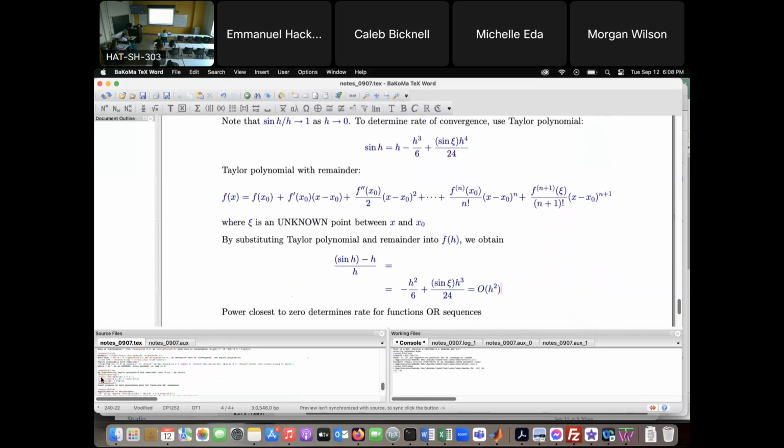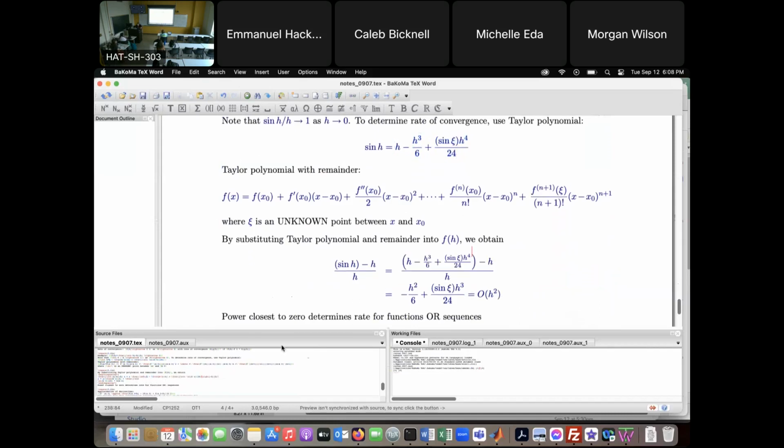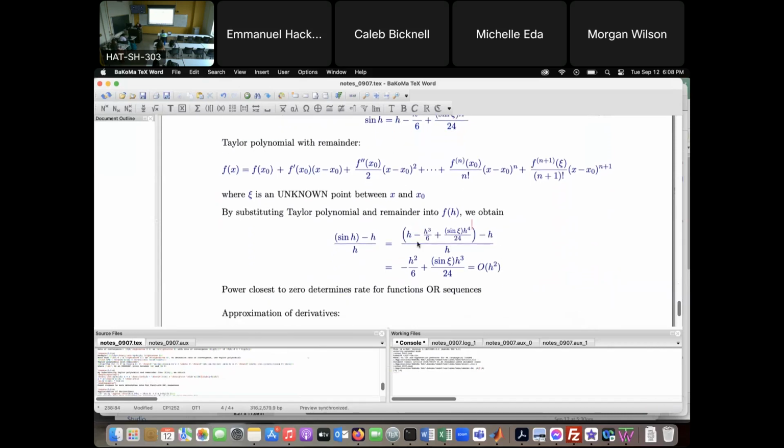Okay, so if I take this original fraction and replace the sine h by the Taylor expansion, what you can see here is the h as leading term in the Taylor expansion cancels with the h over here.